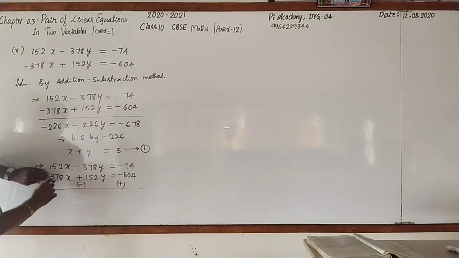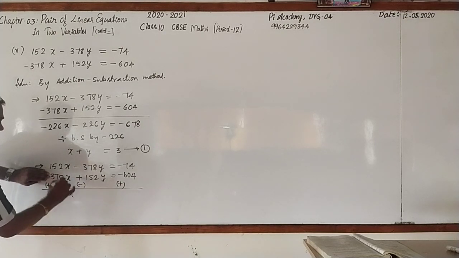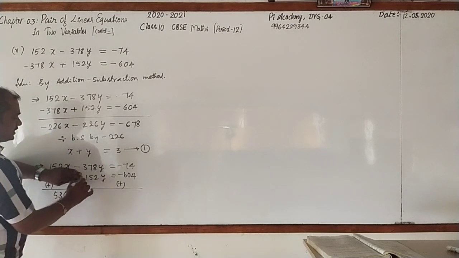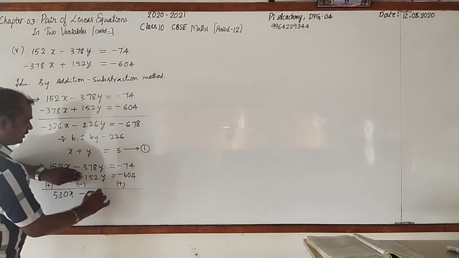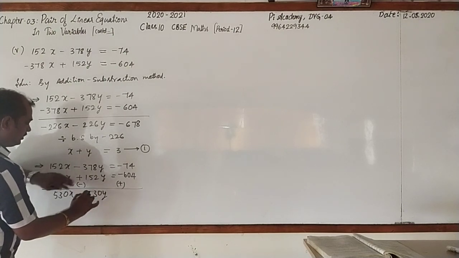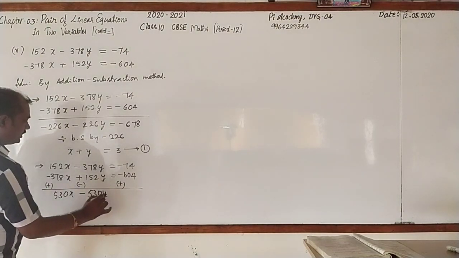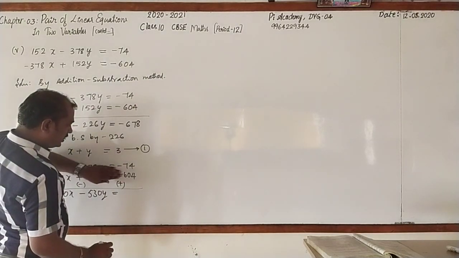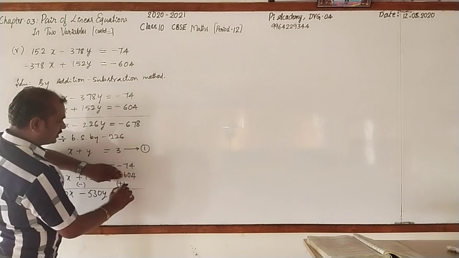Go for this. 152 plus 378: 10, carry 1, 12, 31, 13, carry 1, it is 5. So 530x. Next, minus 378 minus 152: minus y as it is, 10, 13, carry 1, again 5, so 530y, which is equal to minus 74 plus 604.